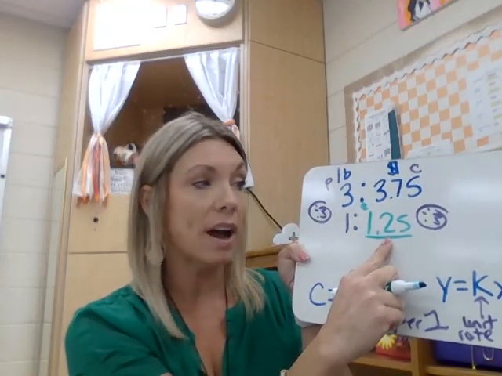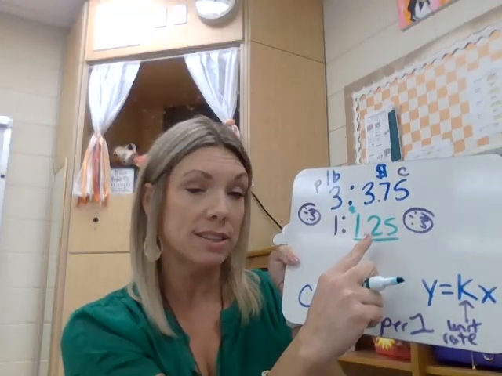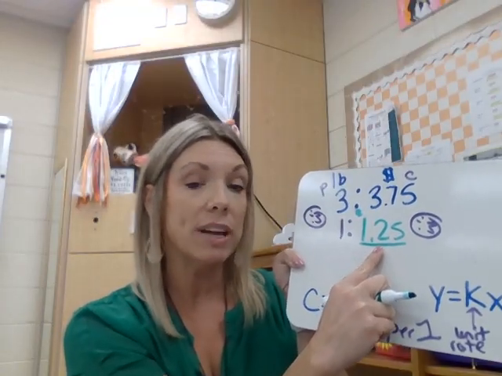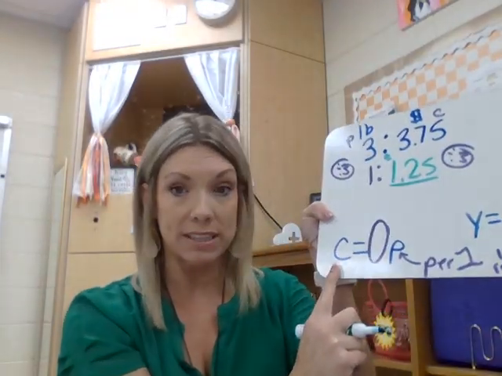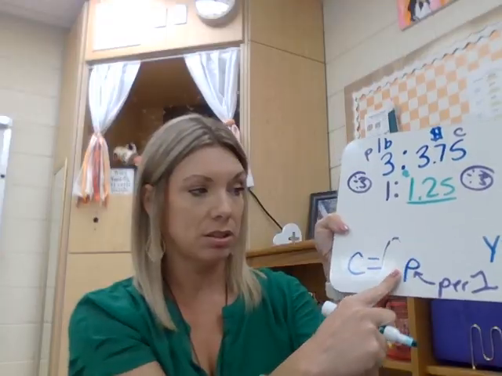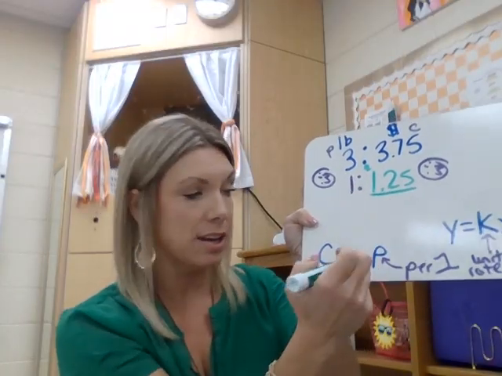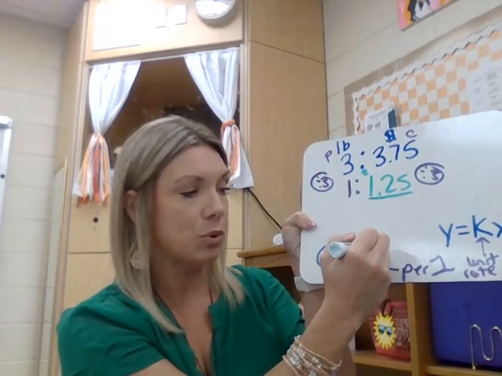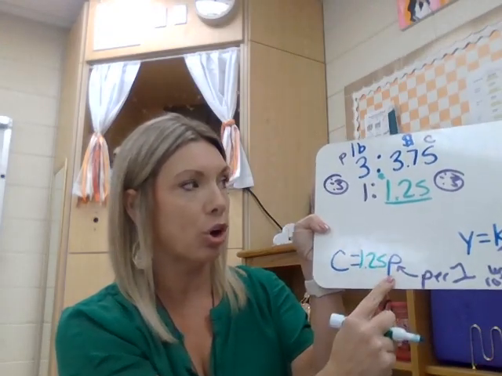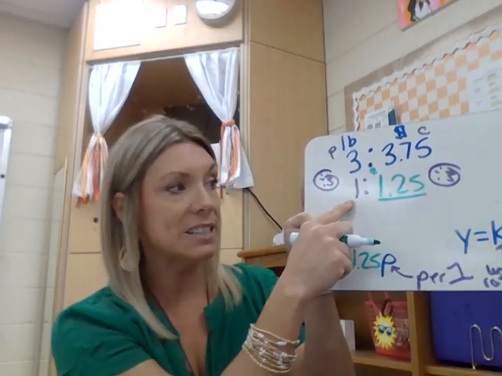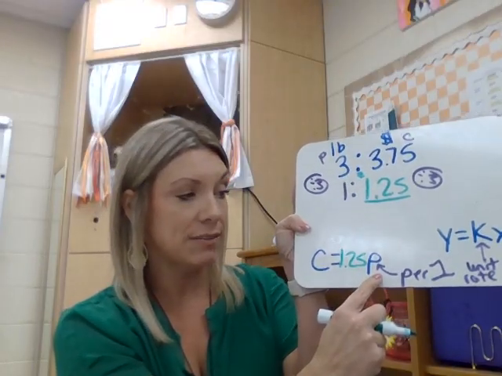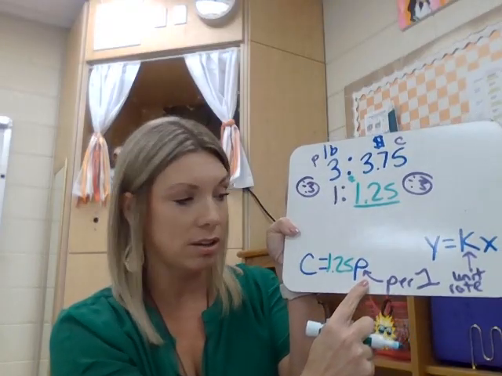So if you need to write an equation using your constant of proportionality, and the question said, what equation represents C cost, it needs to start with C equals, and then after that needs to come your constant of proportionality. So it should be C equals 1.25P, 1.25 per pound. And the P has the 1 under it. That's what this variable is going to represent, per 1. All right?